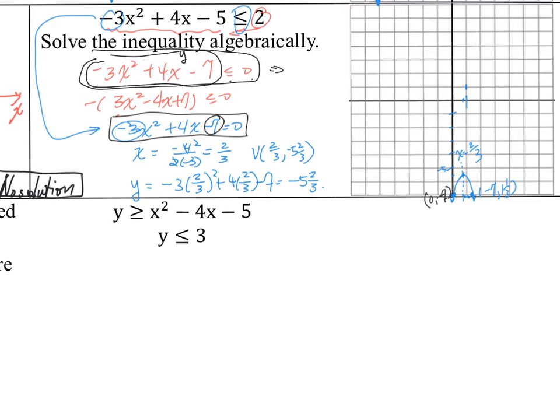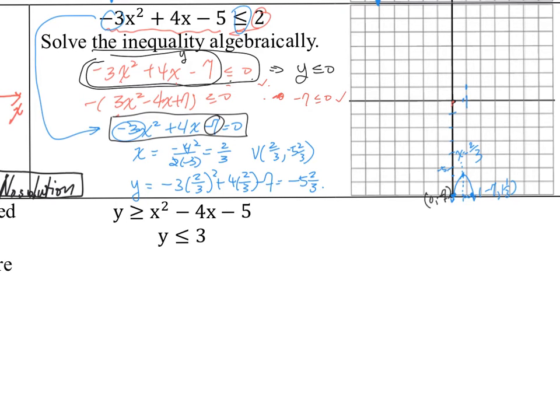In other words, we could look at this as y less than or equal to 0. Now let's test our points here. I'm going to test the 0, 0 point. 0, 0 gives minus 7, and it produces a true statement because negative 7 is less than or equal to 0.